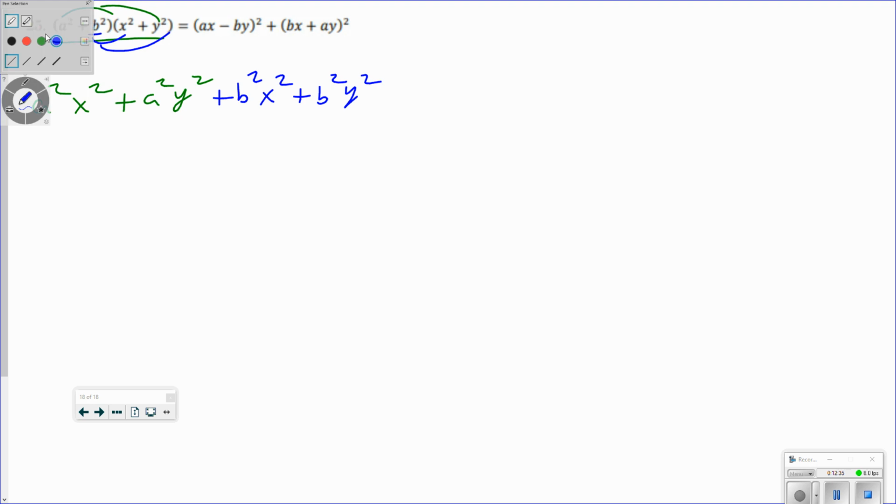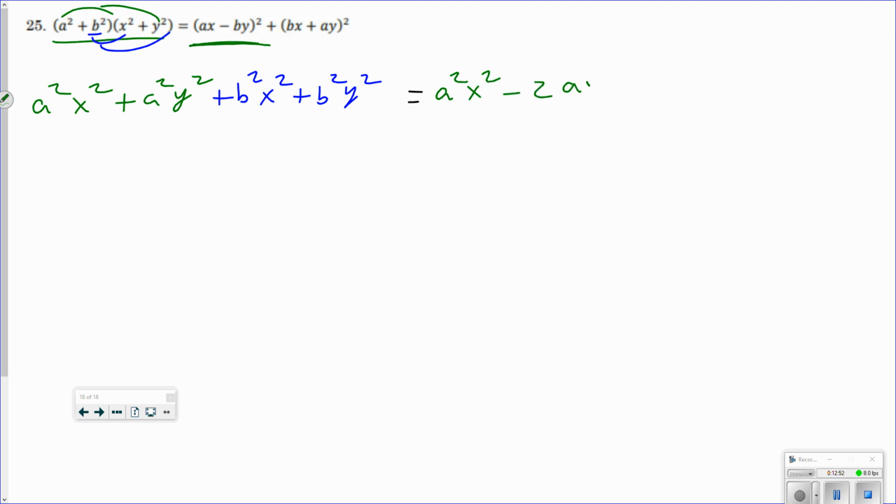And this should all equal the right side, which we're going to expand out as well. So this ax minus by squared, that's a perfect square trinomial, so you can figure that out pretty quickly. It's going to end up being a squared x squared minus 2axby plus b squared y squared.